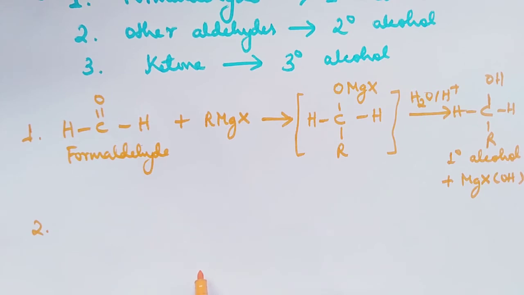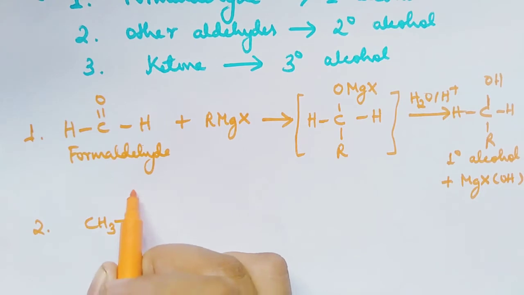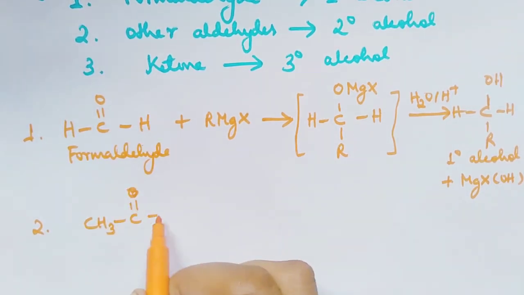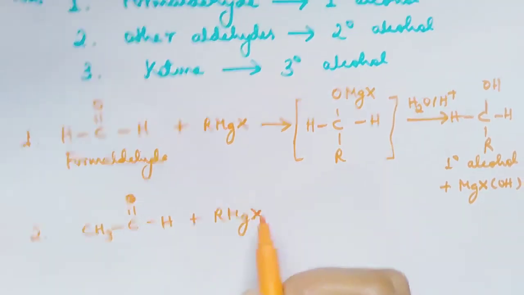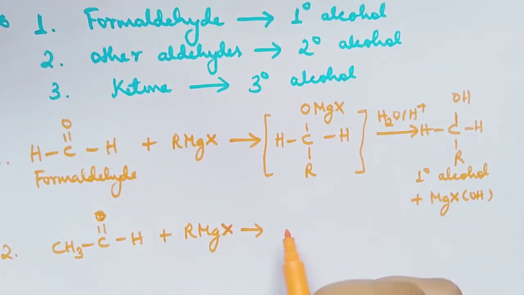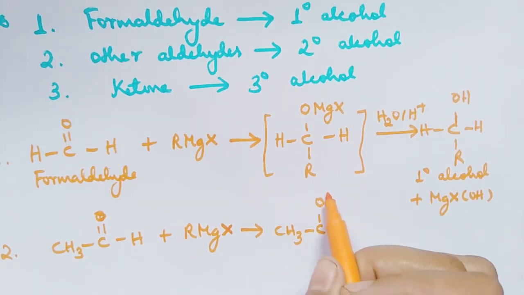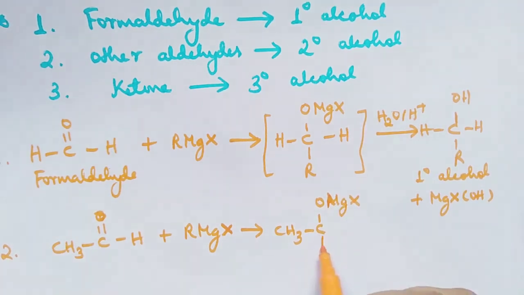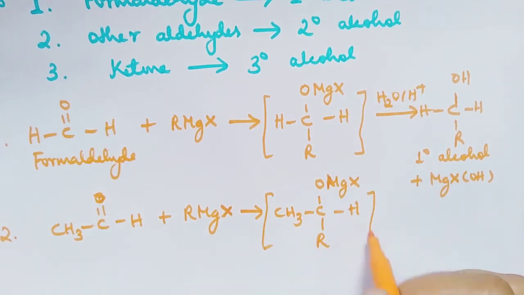Now the second one, we have aldehydes other than formaldehyde. Say we use acetaldehyde, CH3, C double bond O, H. We add a Grignard reagent and follow the same mechanism, and then we have CH3, C, OMgX, with R and H. This is unstable.